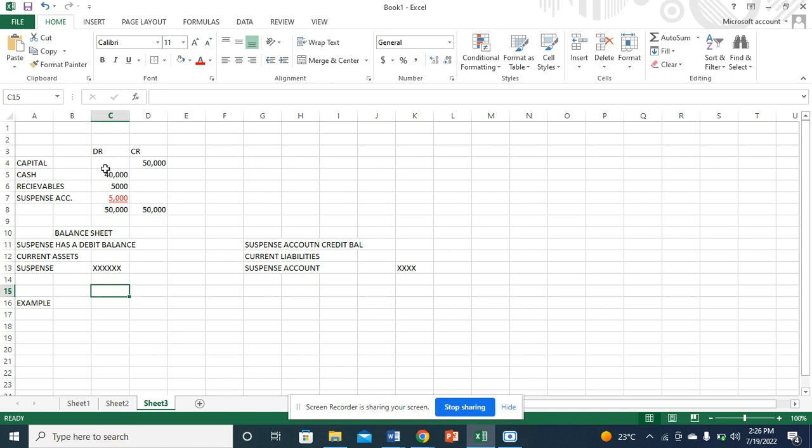As we could see in this previous illustration, the trial balance did not balance, so we had to open up a suspense account. So these errors we're looking at today, they're the ones that affect the trial balance. All right, so we'll start. Let me just make this trial balance quickly here, and then we list the errors.